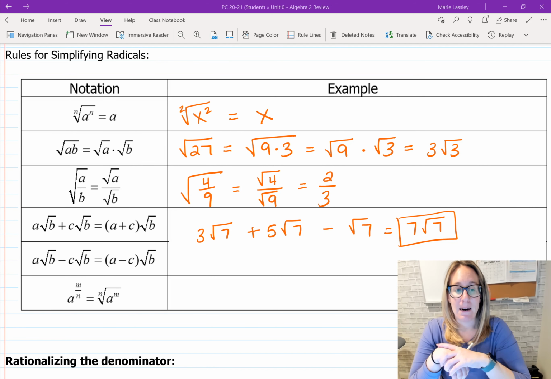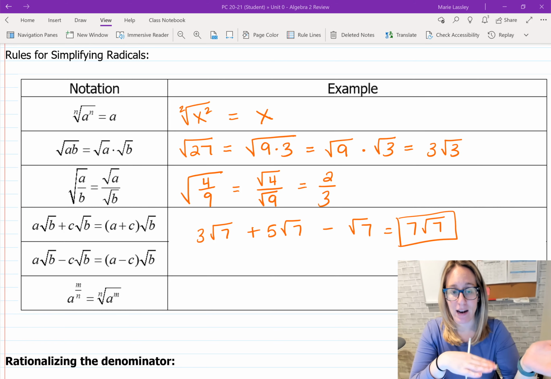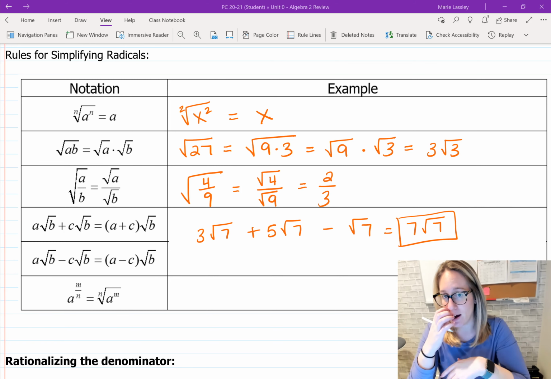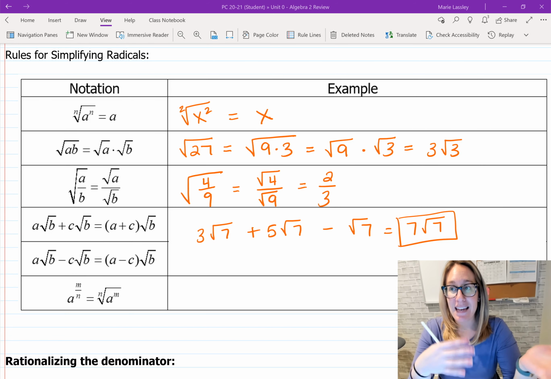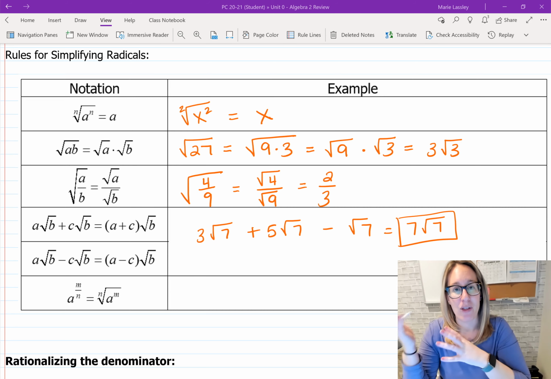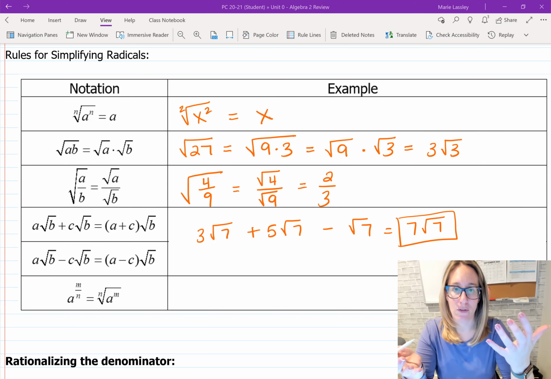Our last rule is one that I know a lot of students struggle with in Algebra 2, and that's converting a fraction exponent into a radical. Anytime you see something that has a fraction exponent, it just means that it's something with a radical in it. The most common one that you're going to see is things to the power of 1/2.